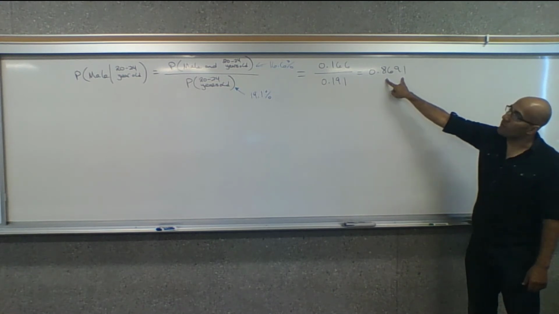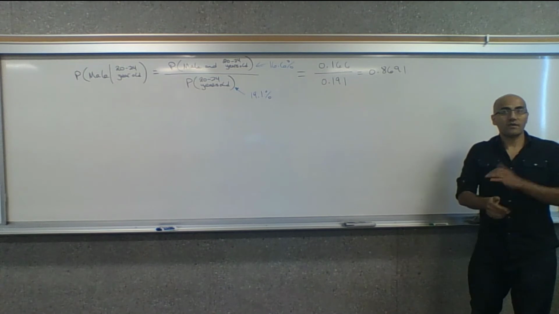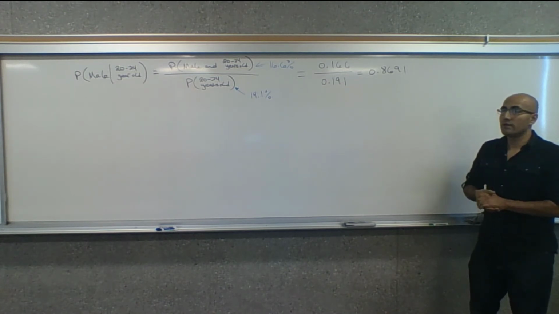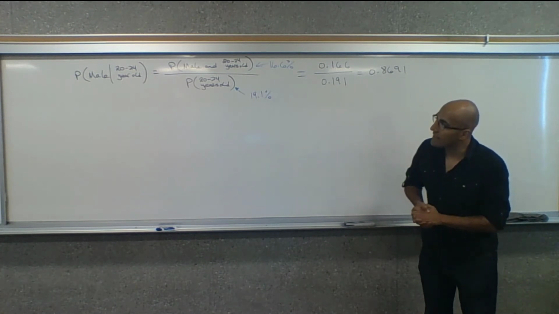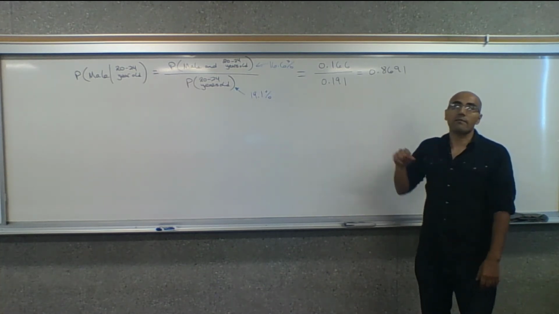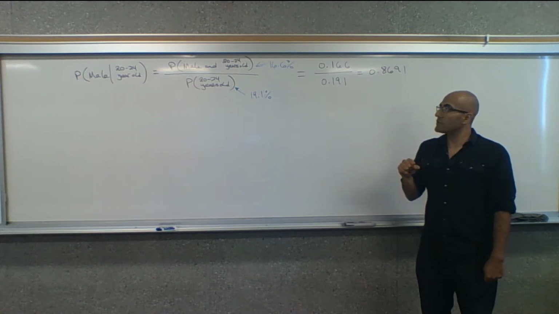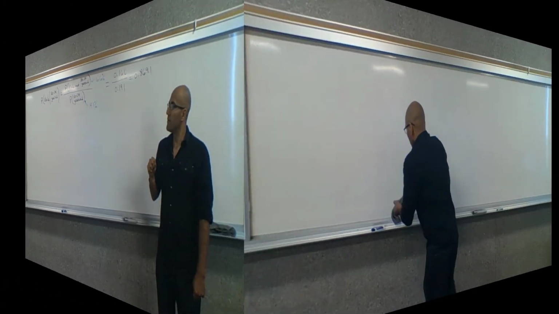What does that tell you about 20 to 24-year-old murder victims? A lot of them are males, right? So if I know there's a murder victim, and I know their ages range between 20 and 24, there's a very high chance that we're talking about a male, right? Males are a lot more prone to violence in that age range. Probably in any age range, right?